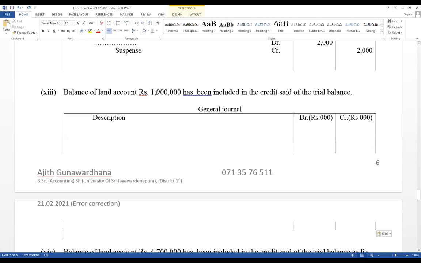Balance of land account 1.9 million has been included on the credit side erroneously. Therefore, the trial balance should be debit twice, not 1900. Twice the value equals 3800.